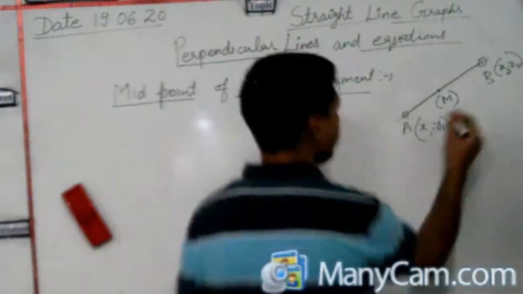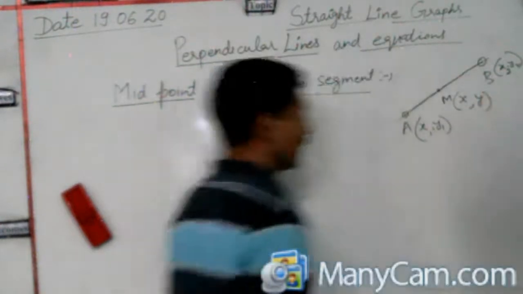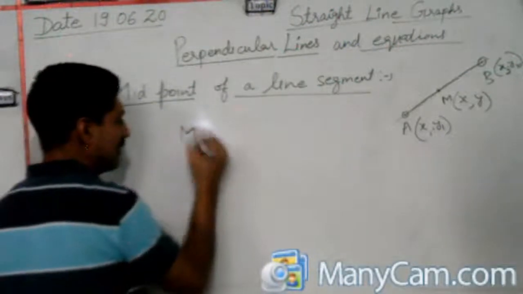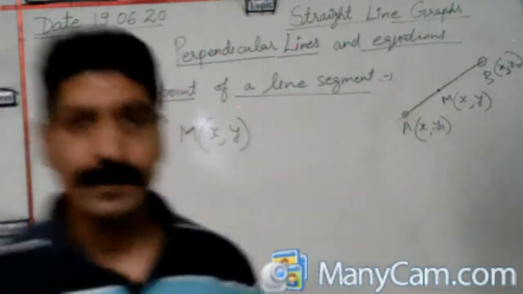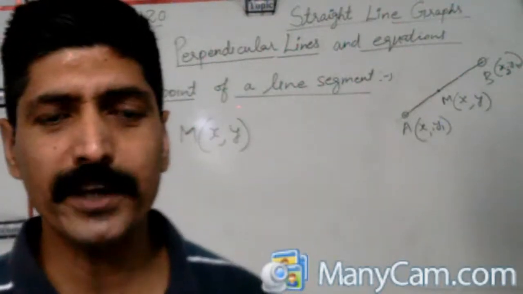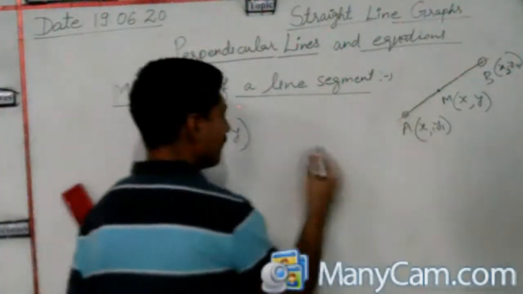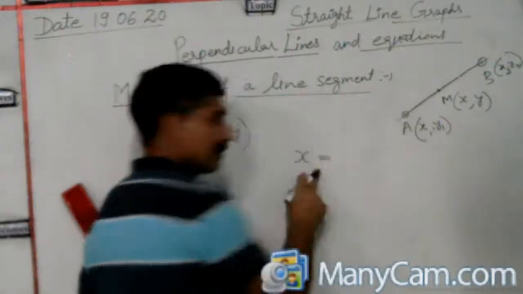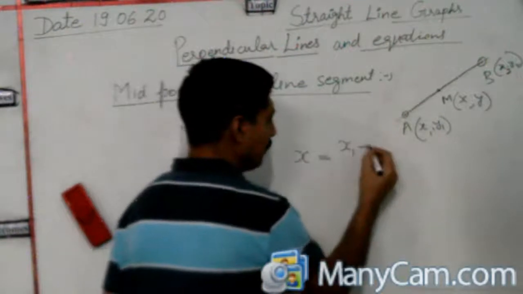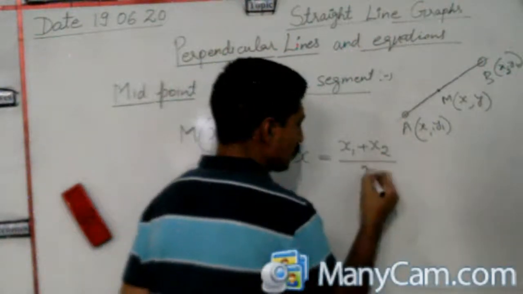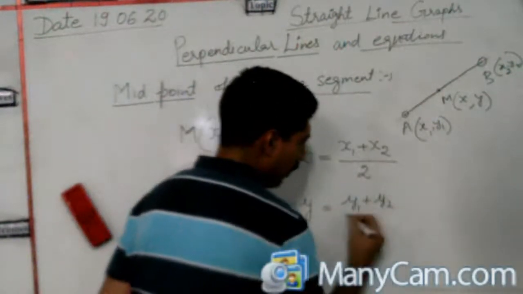So let M be the point whose coordinates are x and y. When M is the midpoint of point A and point B, the x coordinate is equal to x1 plus x2 divided by 2, and y is equal to y1 plus y2 upon 2.